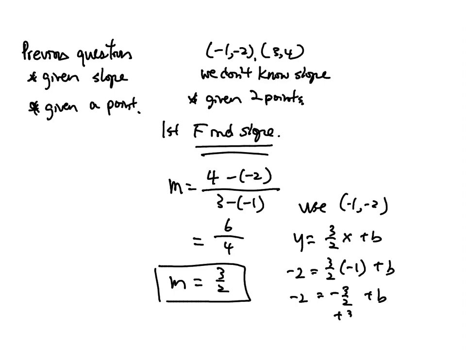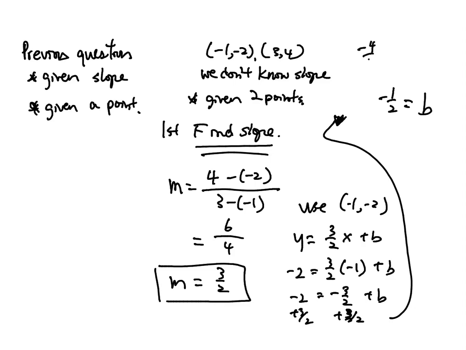If you add 3 halves to both sides, you will notice, b equals negative 1 half. Right? Negative 2 plus 3 halves, that's the same as negative 4 over 2 plus 3 halves, and that's negative 1 half.